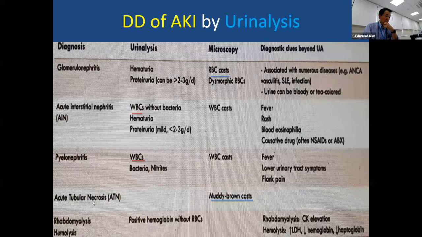And acute tubular necrosis shows muddy brown casts in the urine. And rhabdomyolysis is coming from muscles, so creatinine is high. Hemolysis usually has hemoglobin down, haptoglobin down, but LDH is high. So that's usually urinalysis.